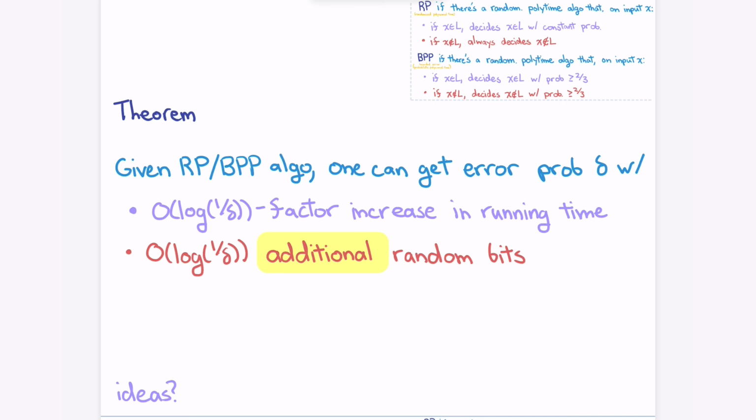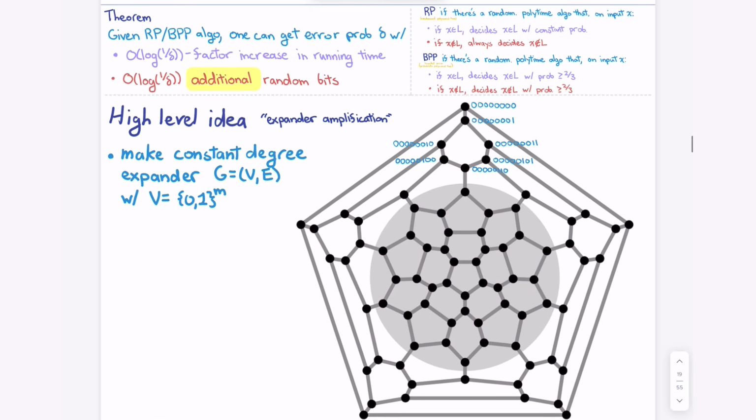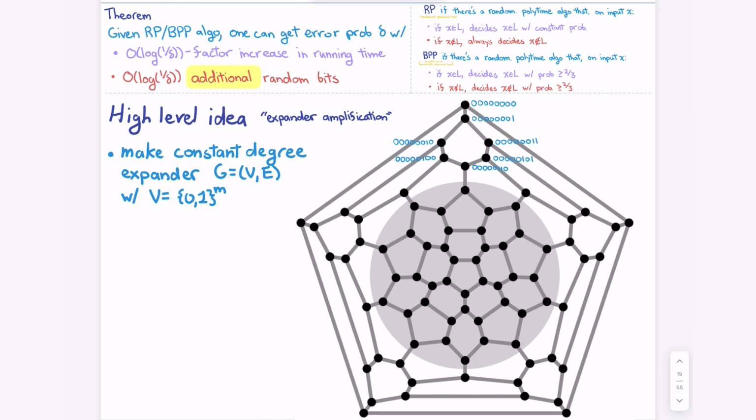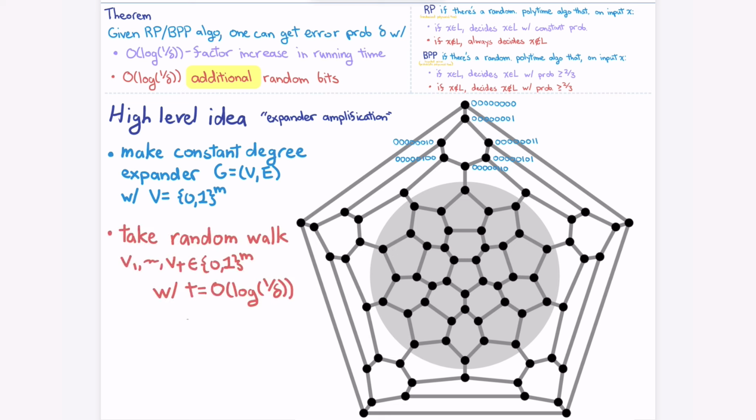So I'm going to make a massive expander with one vertex for every possible bit string. So there's 2 to the m vertices in this graph, and you're going to start at a random one and walk around.